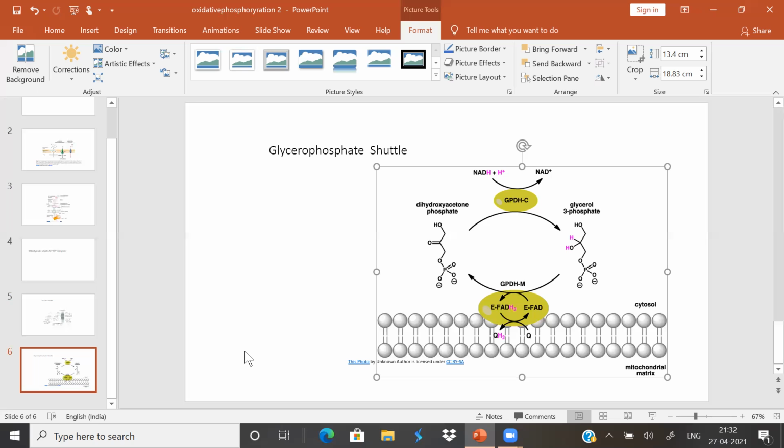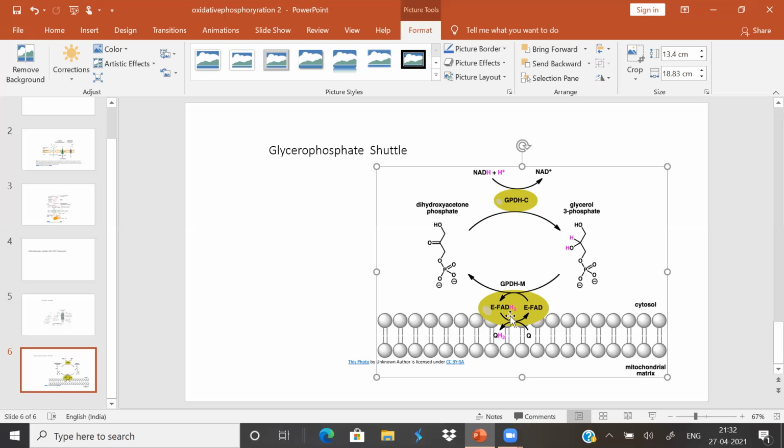But remember that complex 2 cannot translocate any proton. So when the reducing equivalent enters through complex 2, or through FADH2, the total number of protons translocated is 6, that is, 4 from complex 3 and 2 from complex 4, and electrons will be 4.